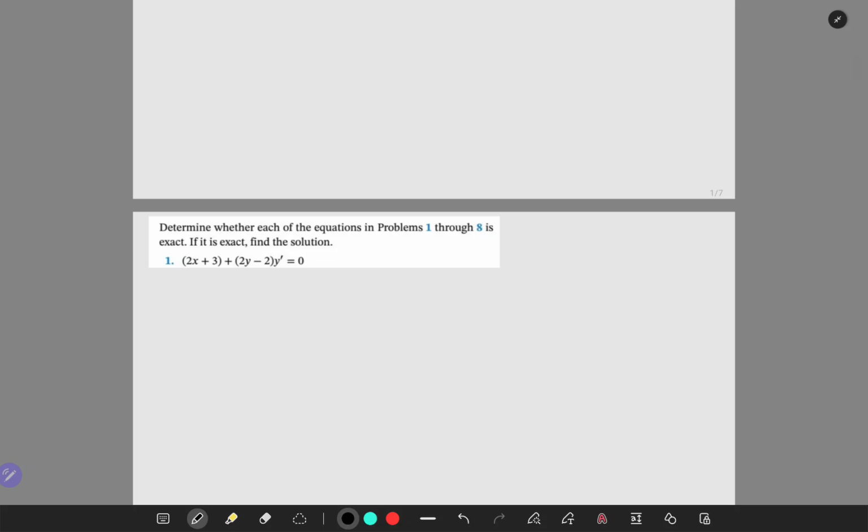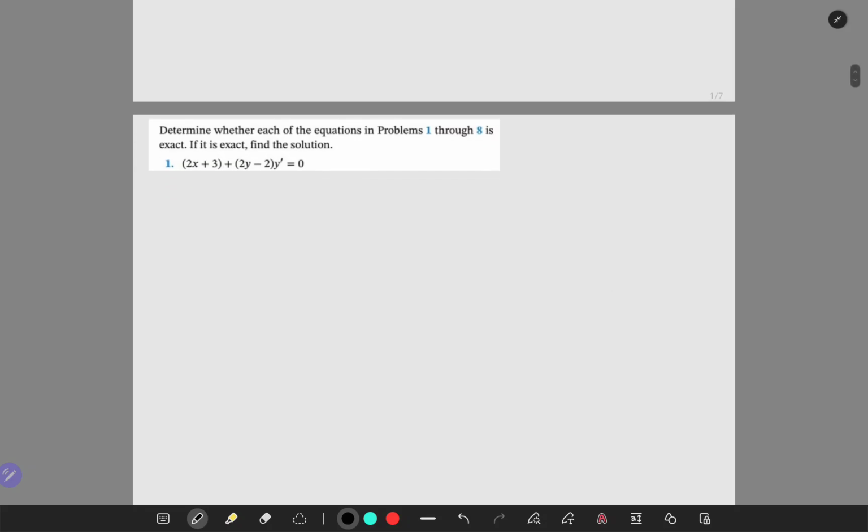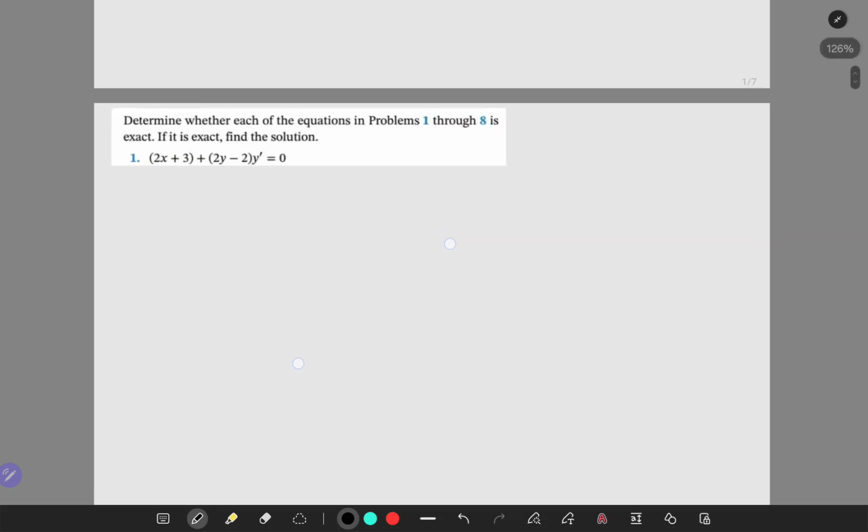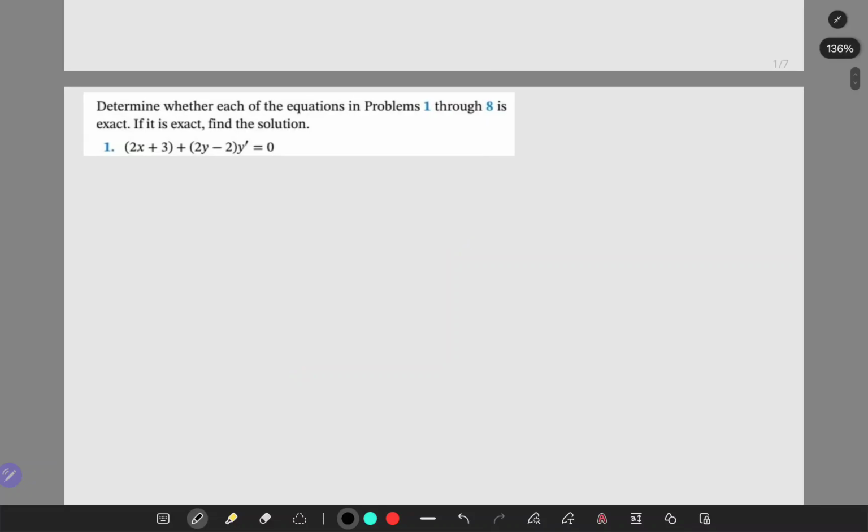That's the best way to learn how to do these ones. Every question is very repetitive in the method, so you're not doing anything crazy. It's kind of similar to separable and integrating factors. You do the same thing every time, but with these questions it's a little bit longer of a process. So let's just go through a whole bunch of them to get it down.